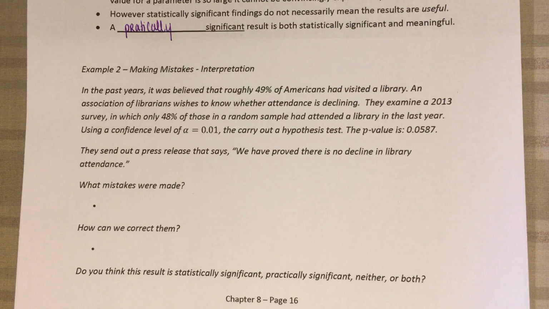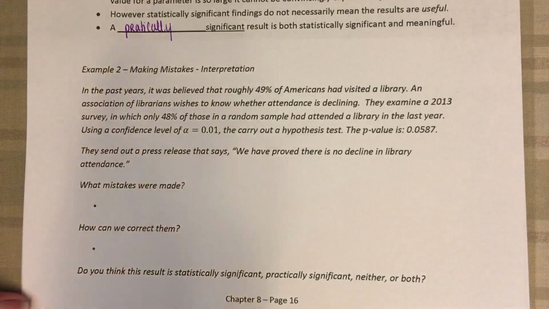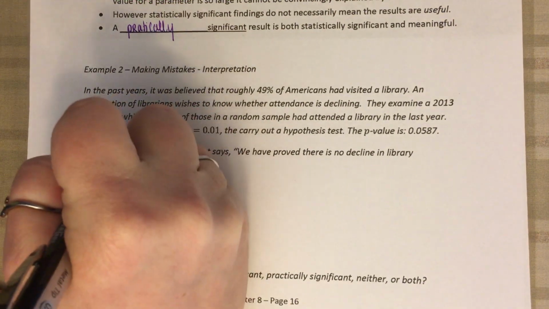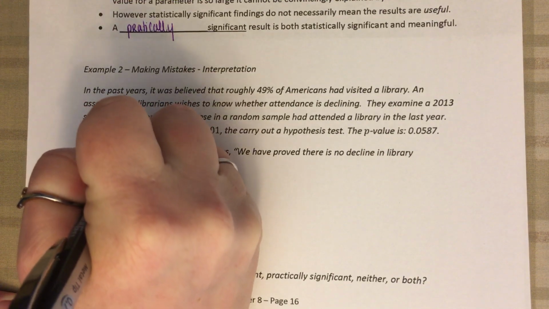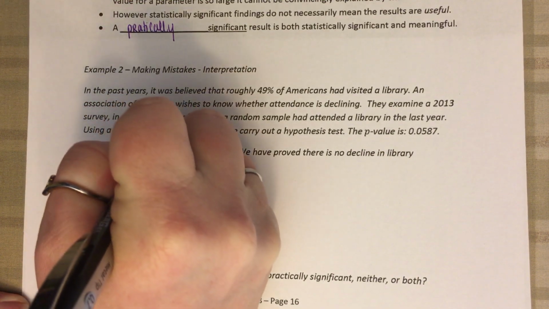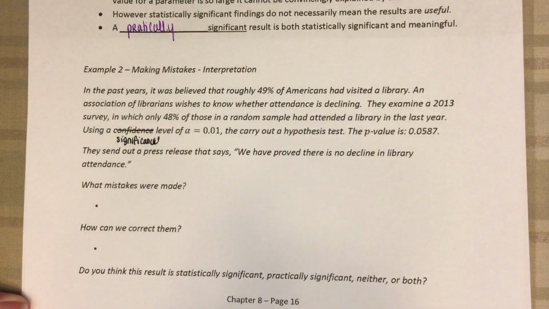Using a significance level of 1%, they carry out a hypothesis test. The p-value is 0.0587. They send out a press release that says, "We have proved there is no decline in library attendance."